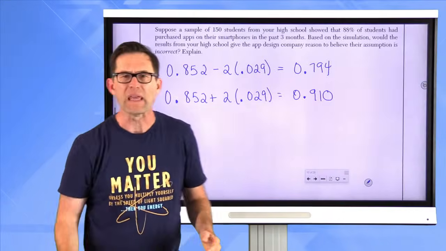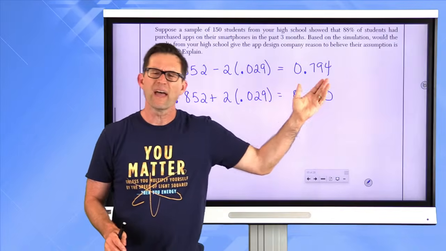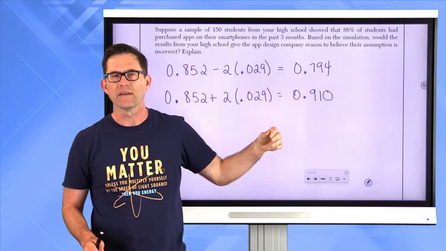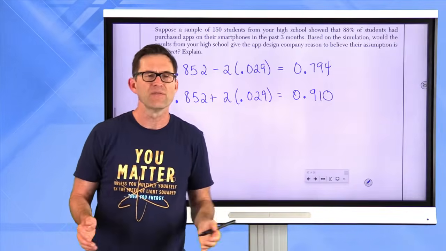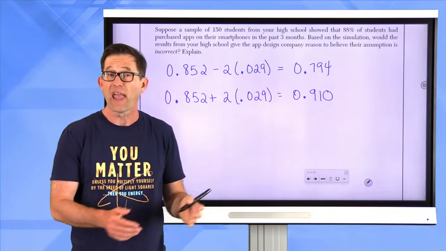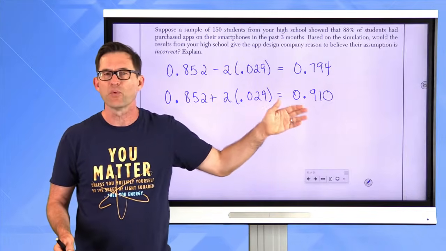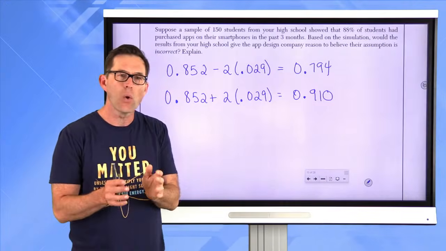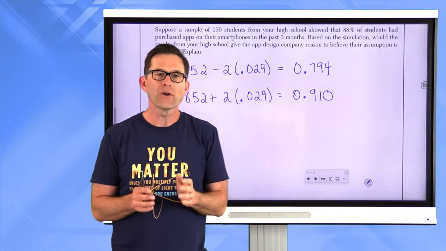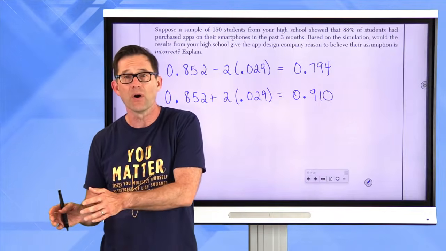Now, what does that mean? That means that any result between 79.4% and 91% is within the realm of possibility by just chance. So the 85% is correct, but just by chance we got some number between these. Anything outside of that interval is so unusual that it would only occur 5% or less of the time, okay?